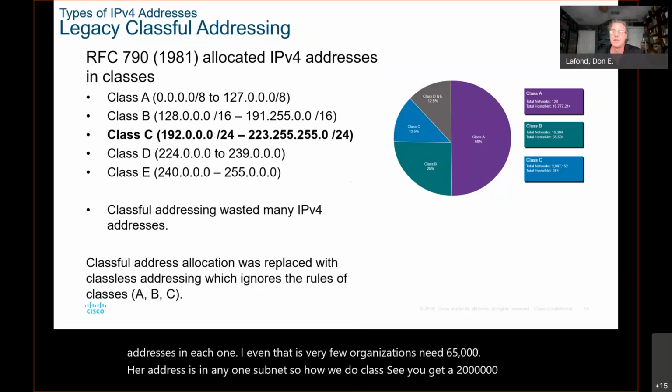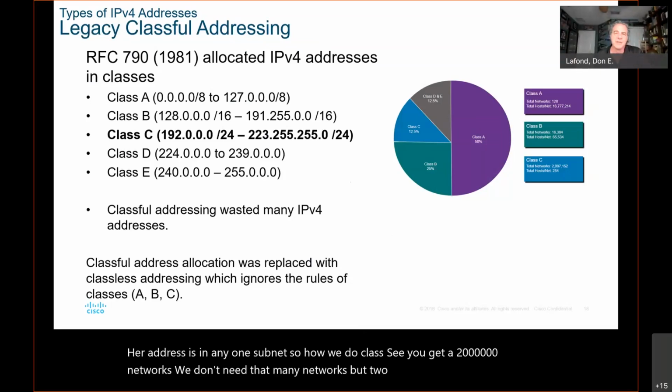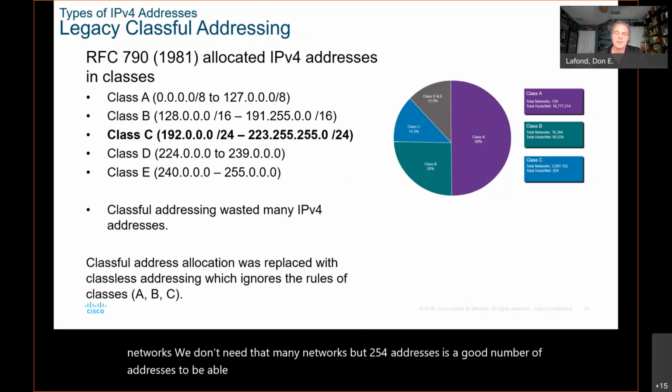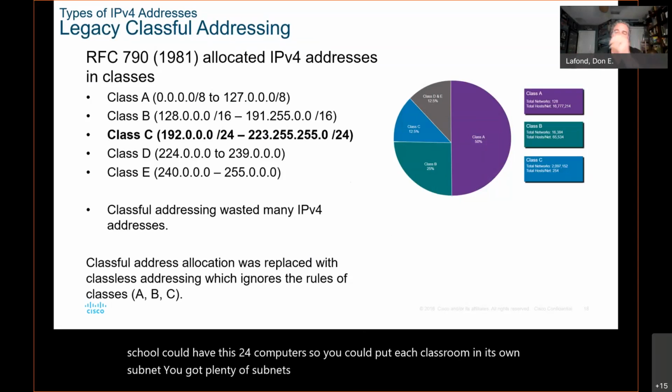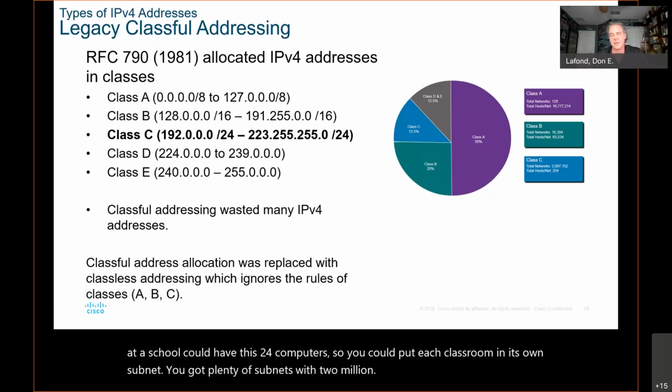We don't need that many networks, but 254 addresses is a good number of addresses to be able to break down into smaller networks. Like each classroom at a school could have 24 computers, so you could put each classroom in its own subnet. You got plenty of subnets with 2 million networks, and so that's where that comes from.